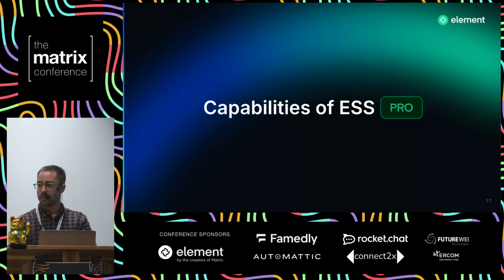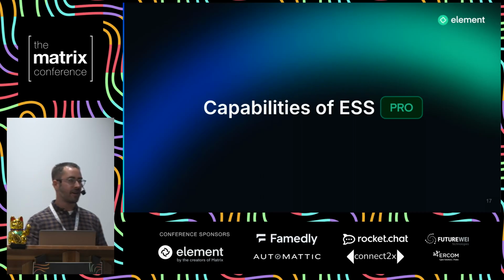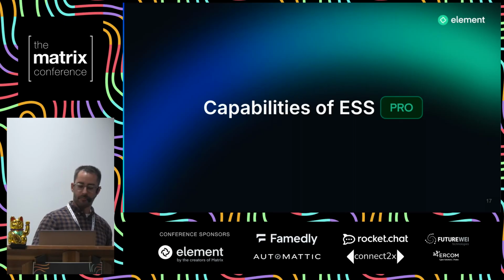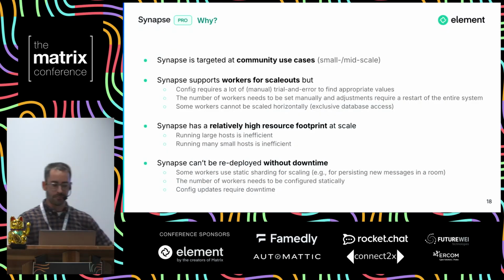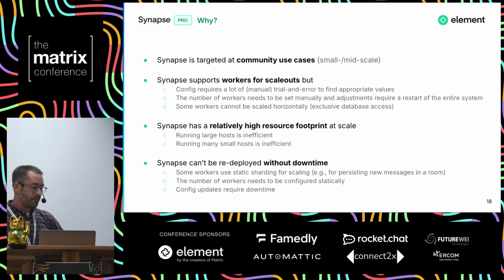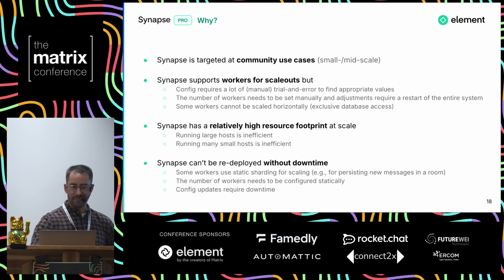Usually they are not open source, so that's why they're not as widely known as the capabilities in the community edition, for instance. So I want to shed some light on the benefits here and how Pro differentiates from the community edition. You've heard a lot about Synapse Pro, and that is good.